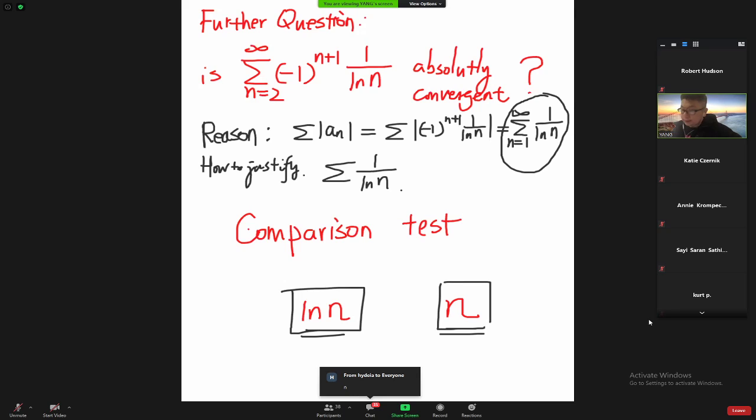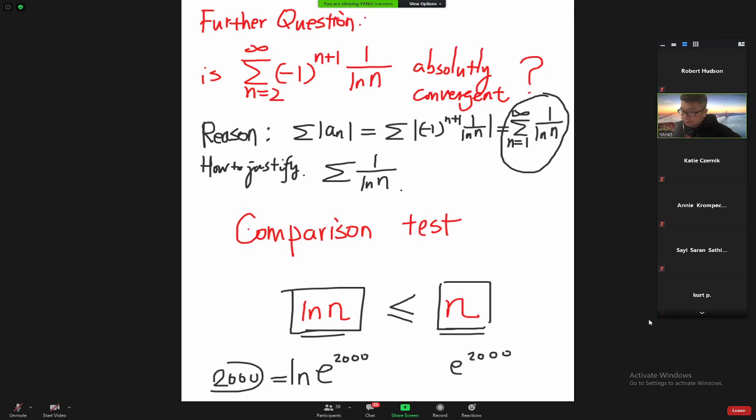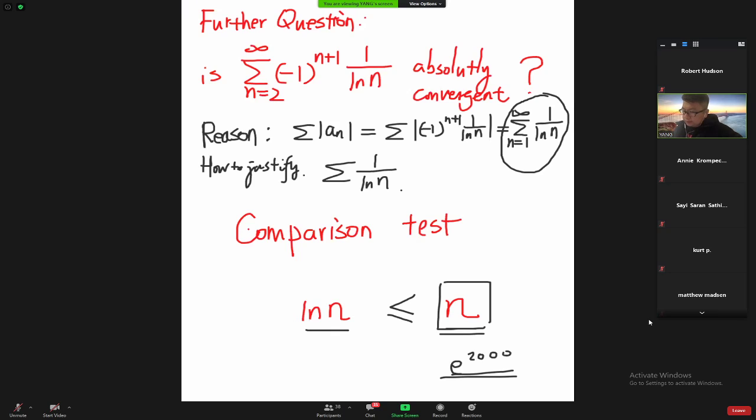So n, right? Because you can think of it this way: natural log of e to the 2000 only equals 2000, but e to the 2000 is extremely huge, right? So ln n is less than n for all n. If this is true, then we put a 1 over.